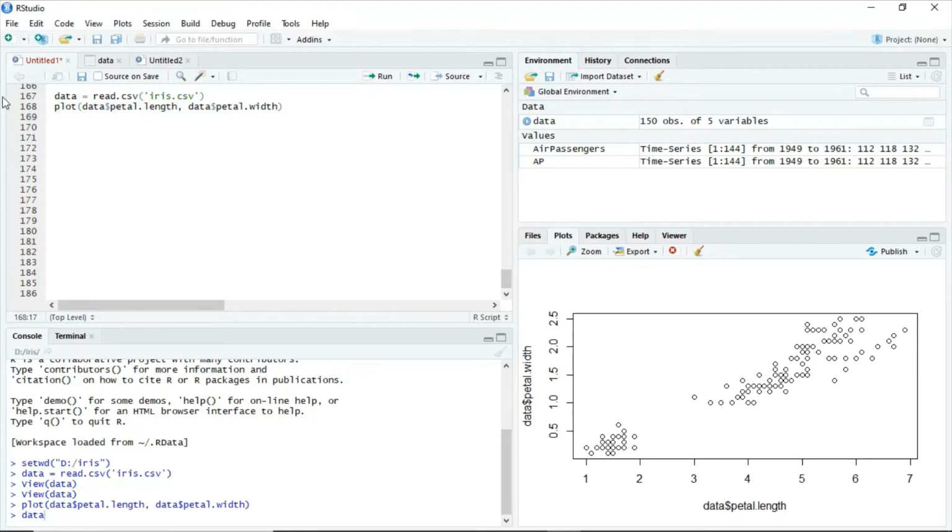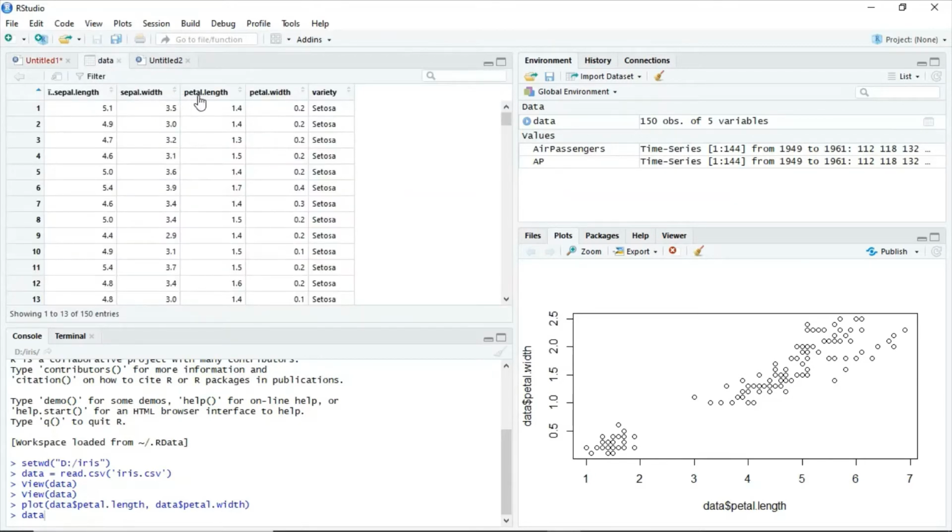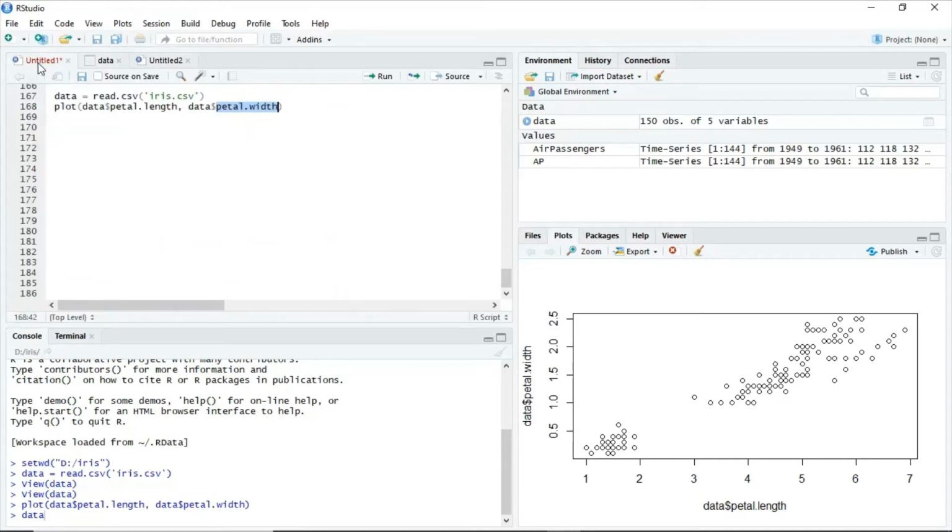Here, plot is the function, and using the plot function I am plotting 2 columns, petal length and petal width. These are the petal length and the petal width, 2 variables from the data set that I want to plot.